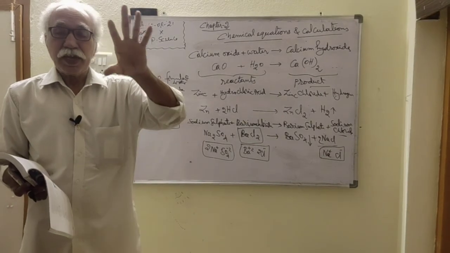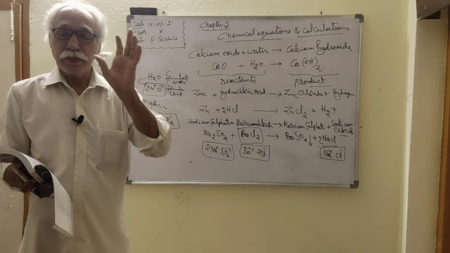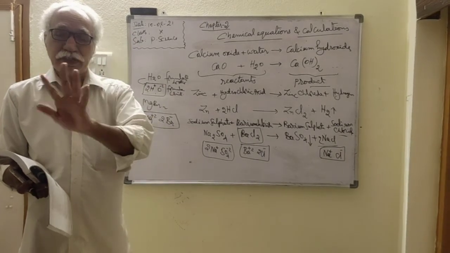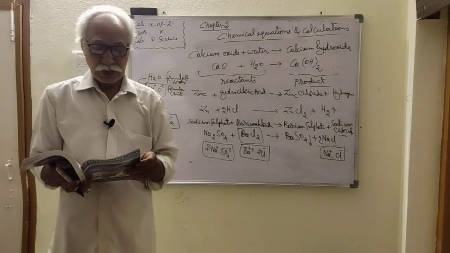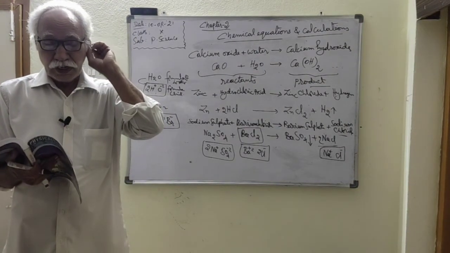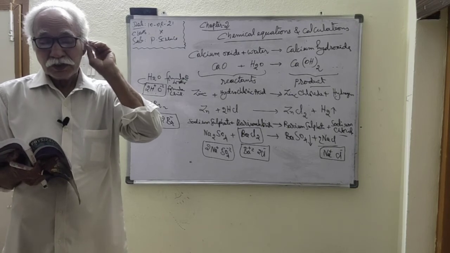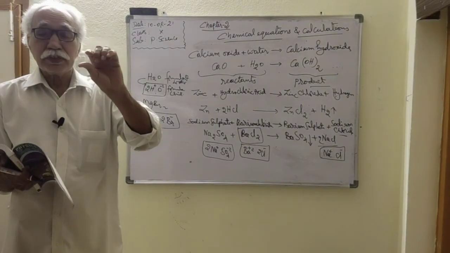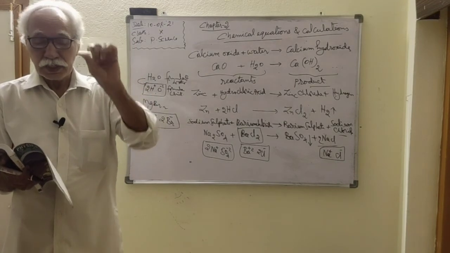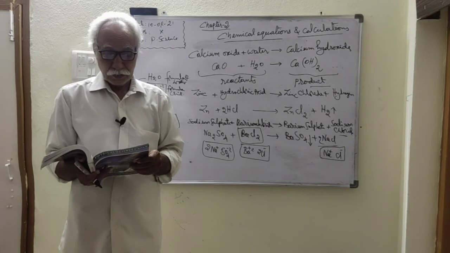For a chemical reaction, first you write the symbols or formulas of the reactants and products correctly. That is step 1.